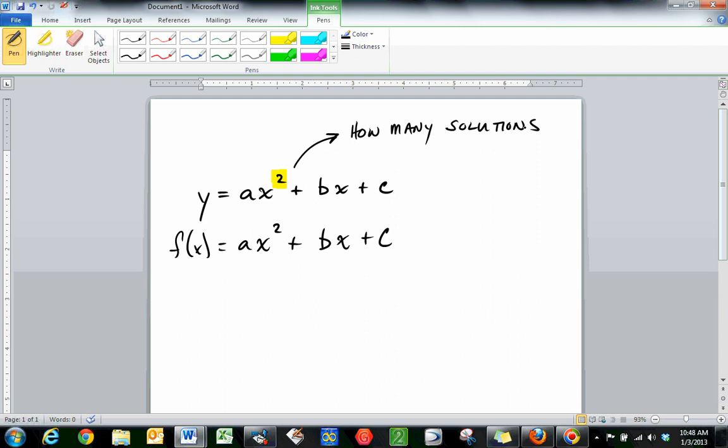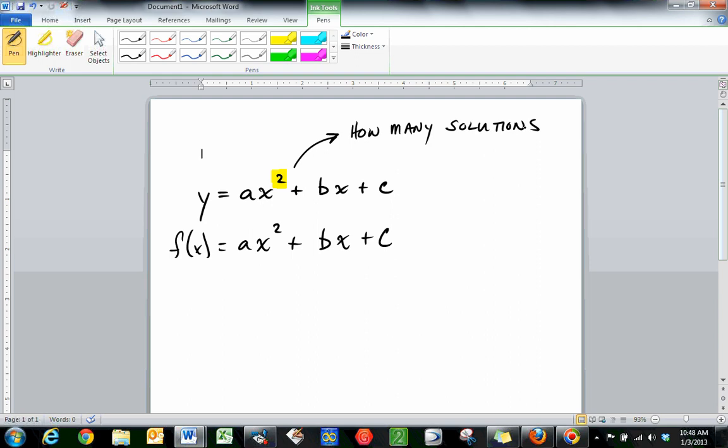So as you can see, any quadratic equation that we're dealing with, we will have two possible solutions, and we'll talk in more detail about whether those solutions will be real or complex, and things of that nature as we move forward. But in general, we're looking for 2 specific answers.